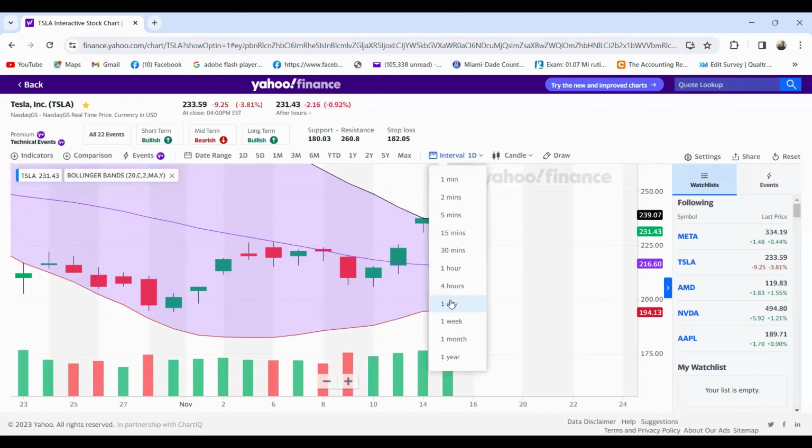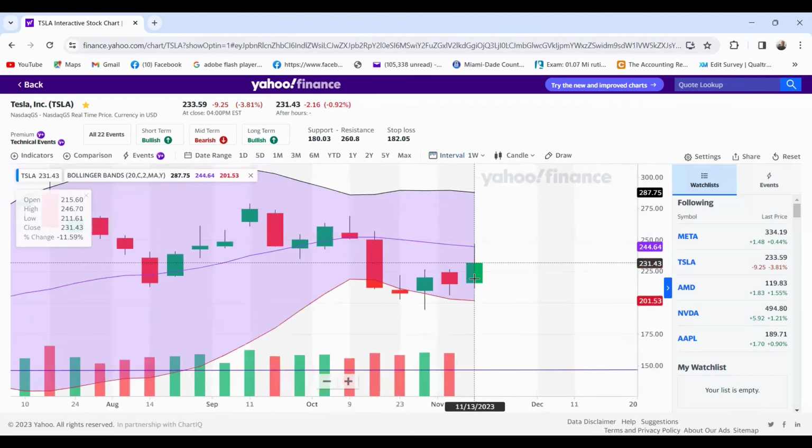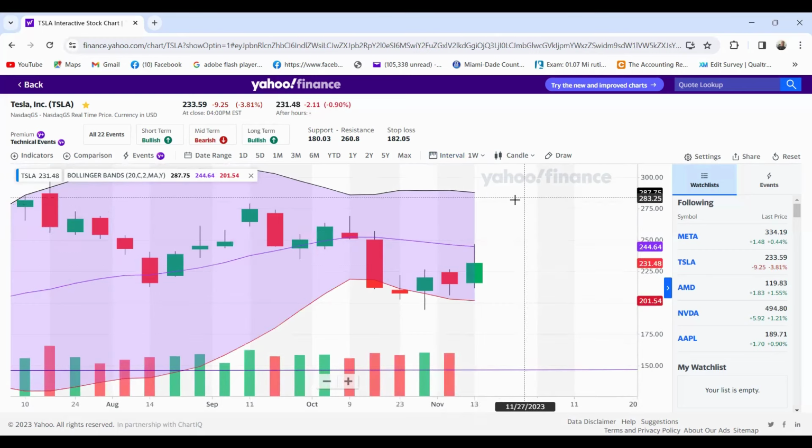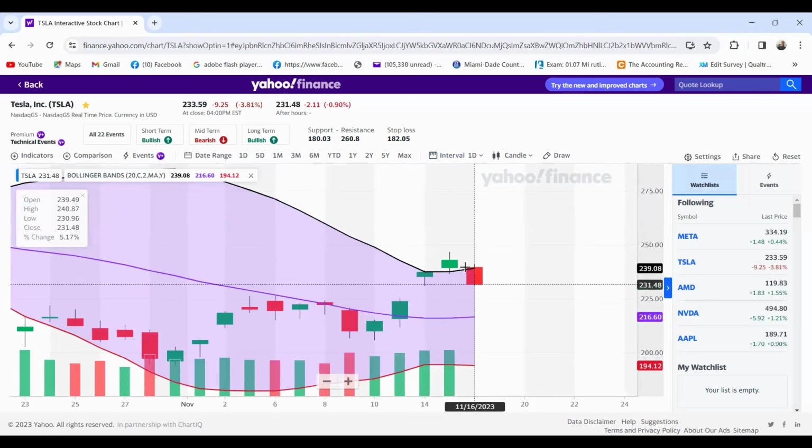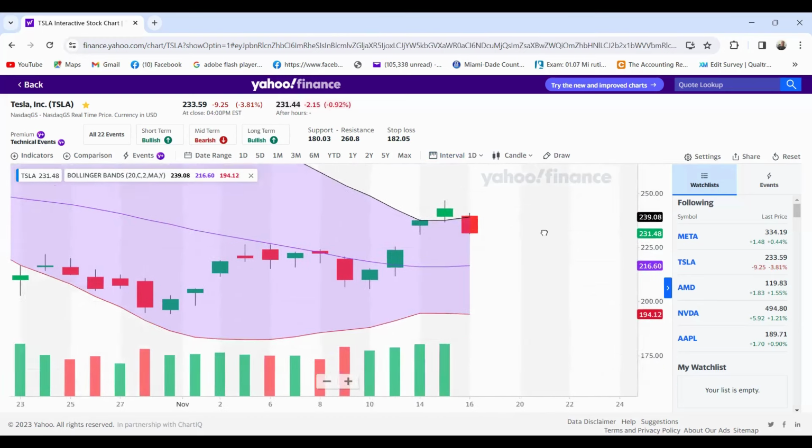Whereas for the 1 week we just saw, it is bearish because the price here is coming back all the way from the upper level, the range of overbought, and the price is under the moving average. That means for the whole month, Tesla is still in bearish momentum. And then for 1 day, it is bullish.